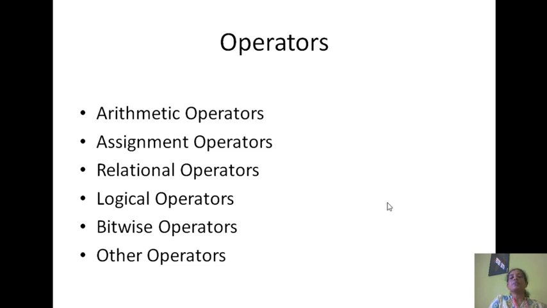The next one is the bitwise operator. A bitwise operator always works on bit values. When we write with bitwise operators we use normal numbers, but the operator works on the bit value.